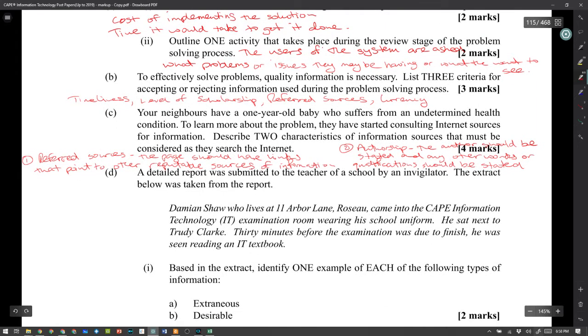What other characteristics? You have authorship, you have referred sources, you have date and time. Make sure that the date and time is stated. Those will be okay.